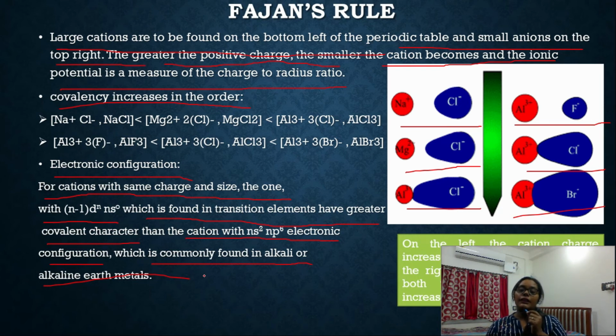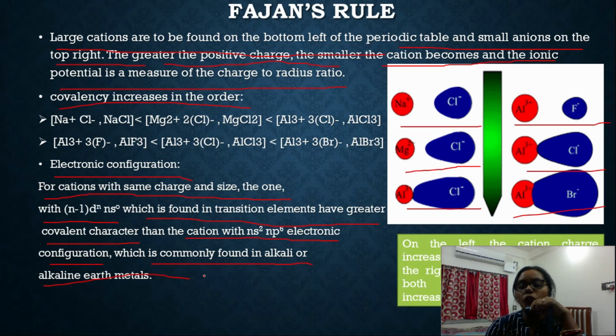If the cation has the inert gas configuration, the distortion will be very low. If the cation has a pseudo-filled shell, the distortion will be high, and the covalent character will be high. So the covalent character of the bond also depends on the electronic configuration of the cation.